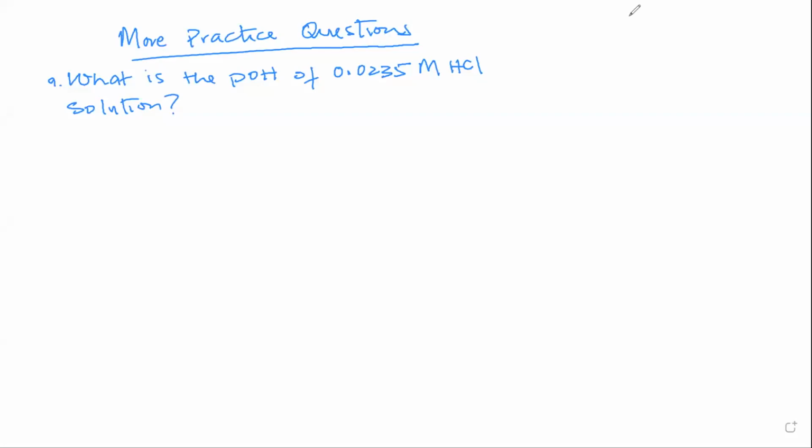So let's look at this practice question. What is the pOH of this solution? We don't know the pOH. Again, this is hydrochloric acid, and the strong acid is 100% dissociated. Because of that, the hydronium ion concentration will be equal to the hydrochloric acid concentration, which will be 0.0235 molar.